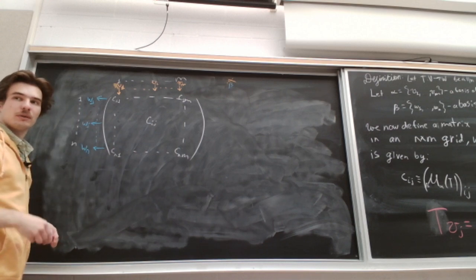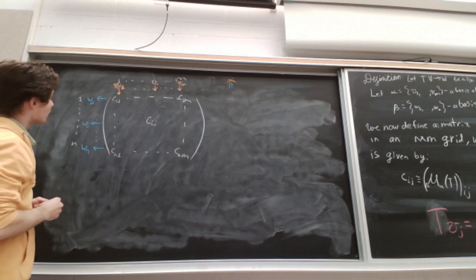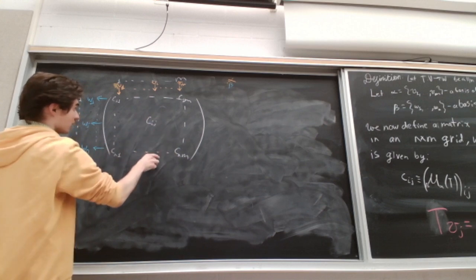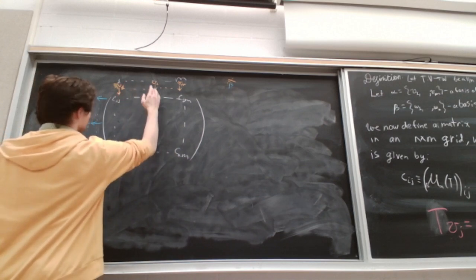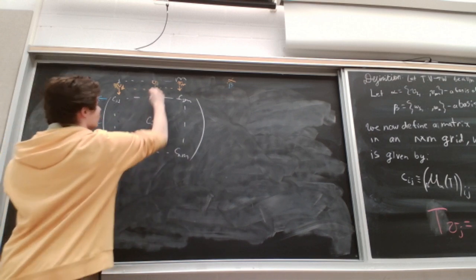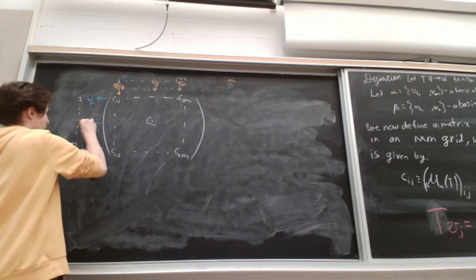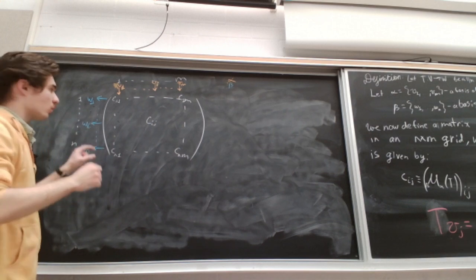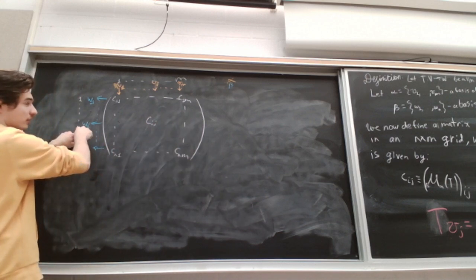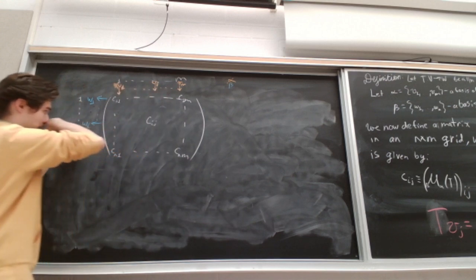Do people kind of see what I'm getting at? So the column tells you the i-th. Wait, I want it to be the other way. I'm sorry. This should be j and that should be i. I keep making this mistake. So the row tells you the coefficients in front of wi, and the column tells you which of the v's we're expanding.